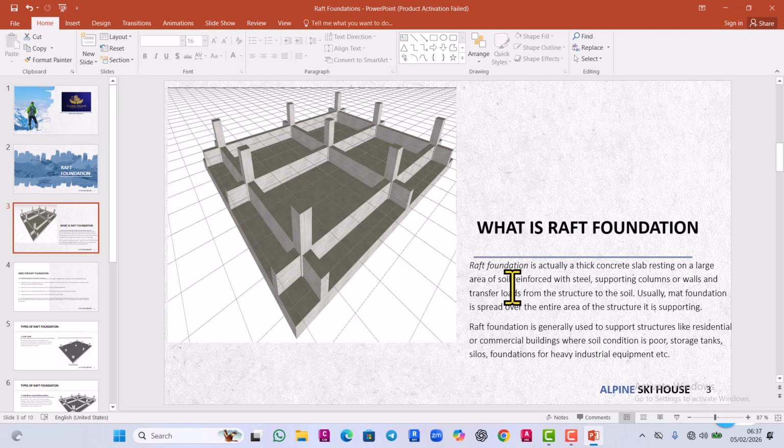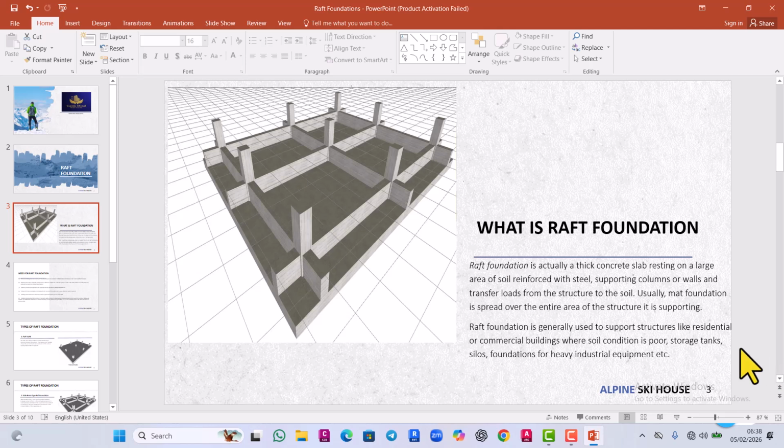But when you have a raft, instead of the footing covering one particular area for the column, it is now covering every column in the entire structure. It is covering the whole building area. That's the major difference between the raft and the footing. The footing is for a particular column, while the raft is for all the columns.